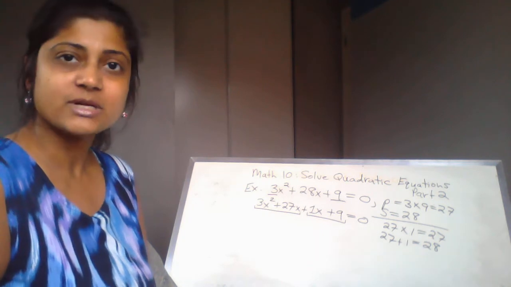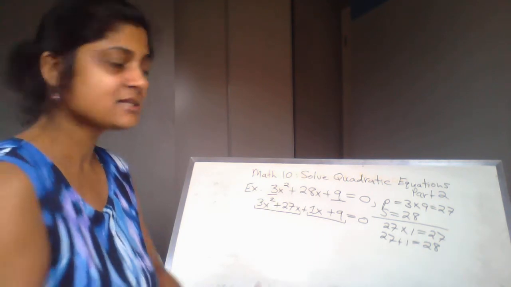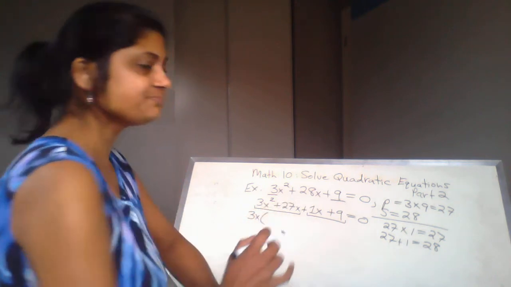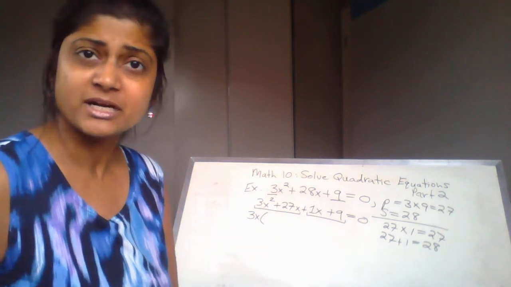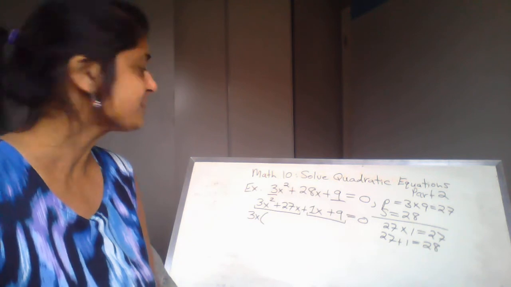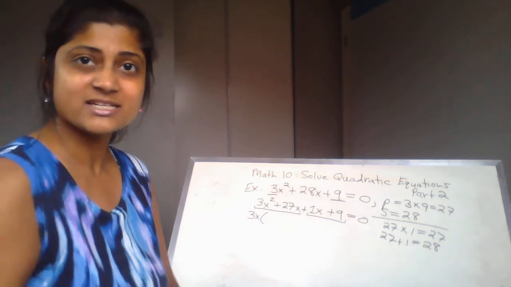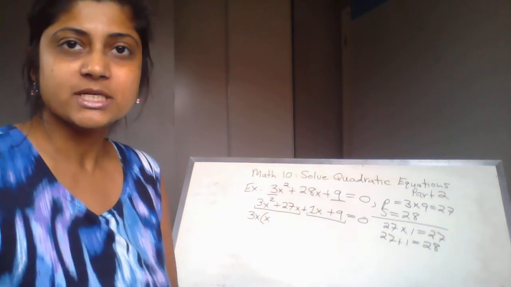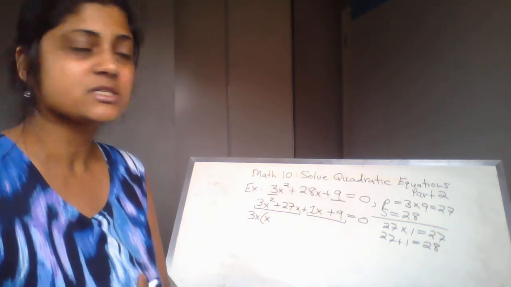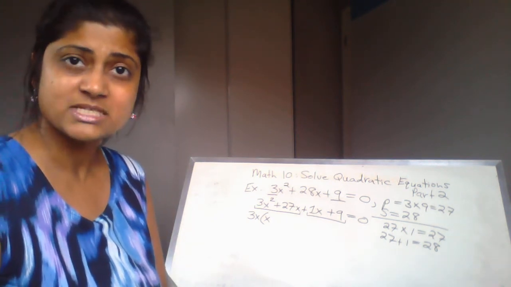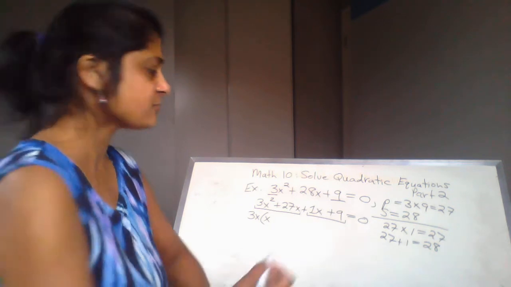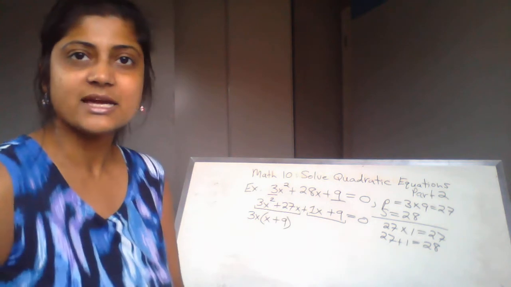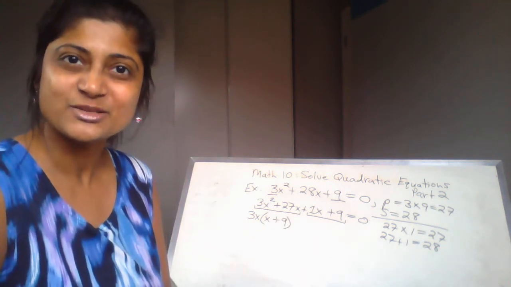I have 3x squared plus 27x. I can take out the 3 as well as the x. Then you open up the brackets and check what is left over. I have 3x squared, 1x is still left. When you take the 3 out, I have to do positive 27 divided by positive 3, which is equal to positive 9. And I notice the x is gone because I took it outside the brackets.